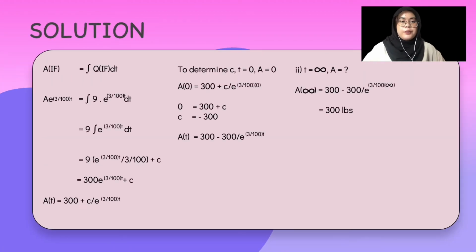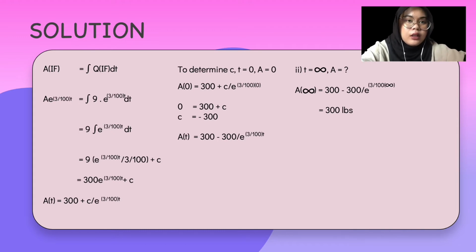For the next step, we use the formula A times IF equals the integral of Q times IF dt. So we insert the IF, which gives A e^(3/100 t) equals ... plus C after we solve it. And A(t) equals 300 plus C over e to the power of 3 over 100 t.